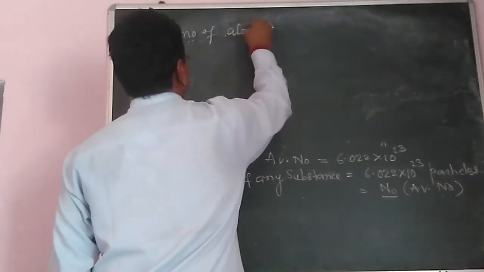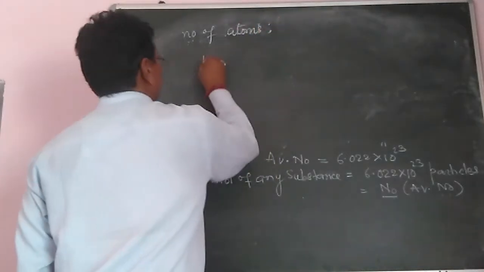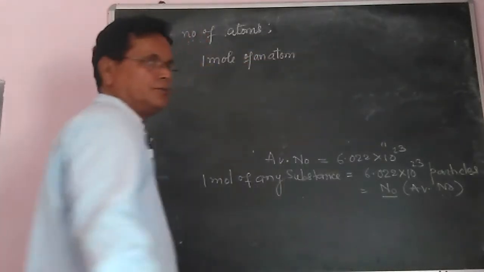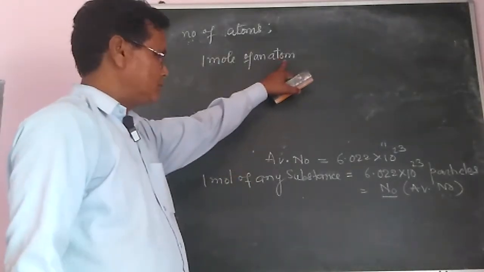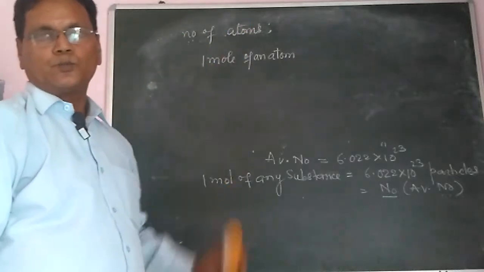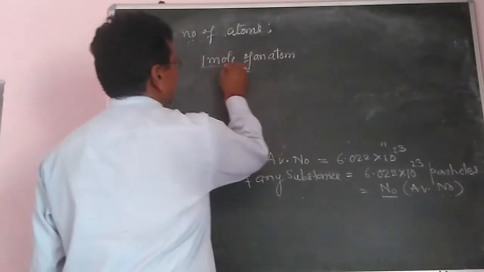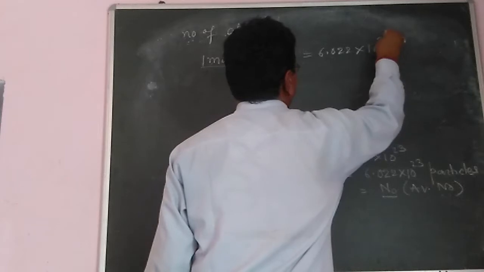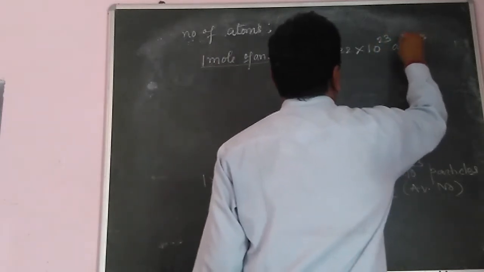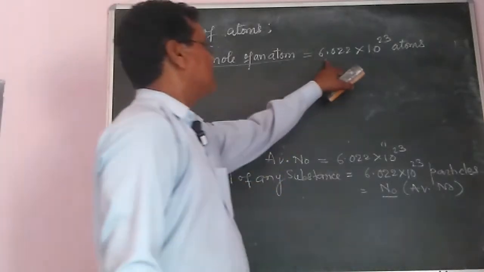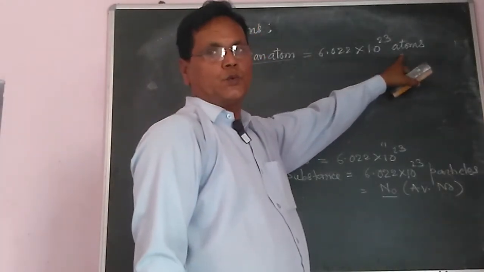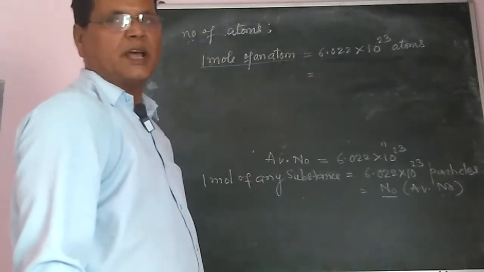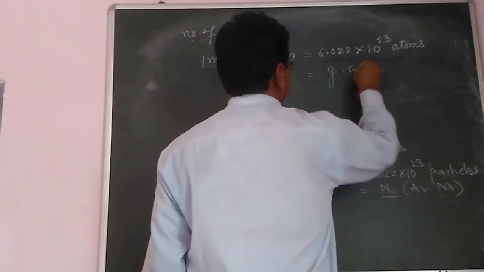In case of atoms, in 1 mole of an atom, we are considering atoms, so 1 mole always consists of 6.022 into 10 to the power 23 atoms of that element. The mass of N0 atoms is equal to the gram atomic mass.